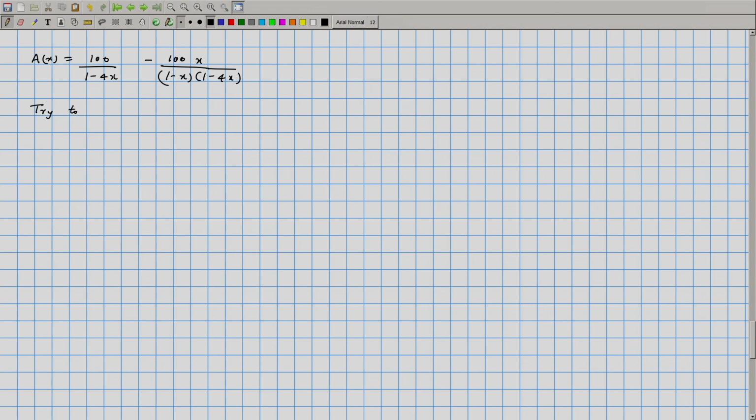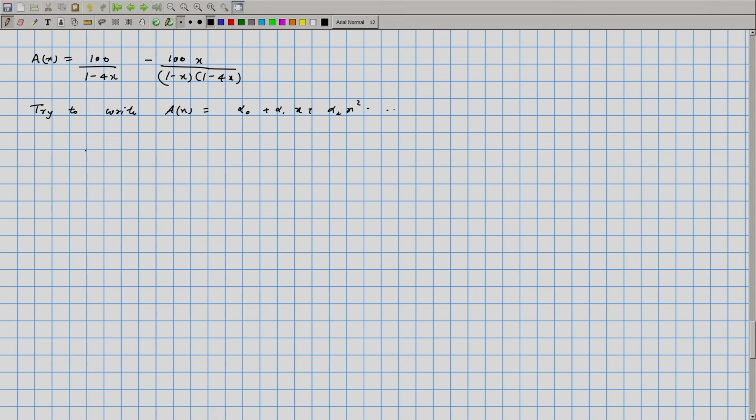If you were to write this as, let us say, alpha 0 x raised to 0 plus alpha 1 x raised to 1 and so on, if you could write it in such a format, then alpha n must be the coefficient of x raised to n. So, try to write a x as alpha 0 plus alpha 1 x plus alpha 2 x square and so on. Okay.